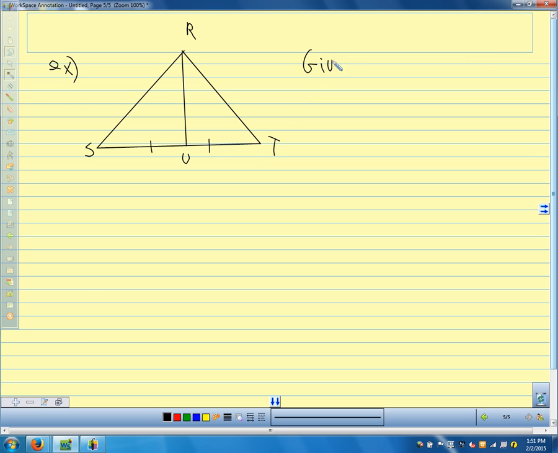And we're given that the measure of angle RUS equals 100 degrees. And we know that SU equals UT. Segment SU congruent to segment UT. And we want to prove that RT is less than RS.